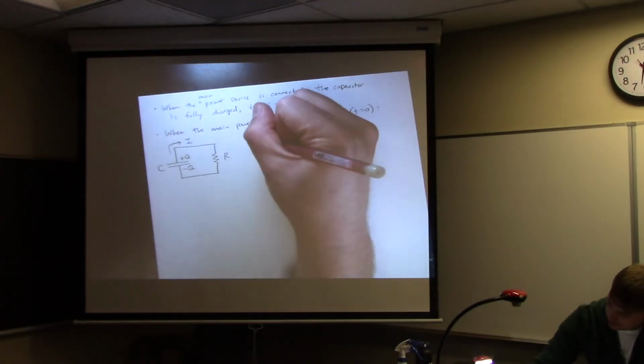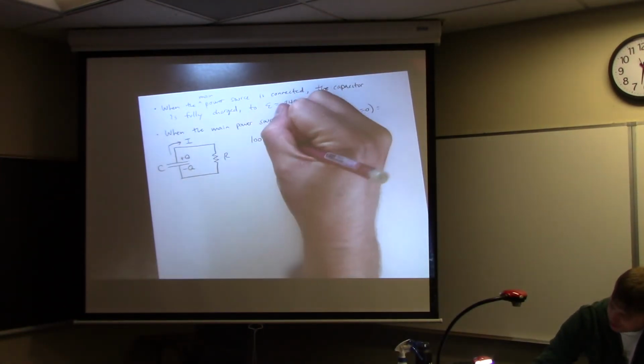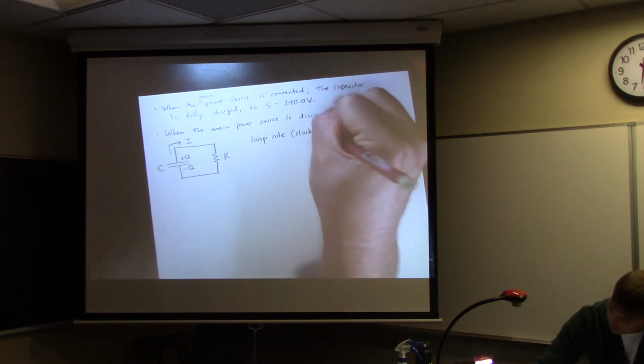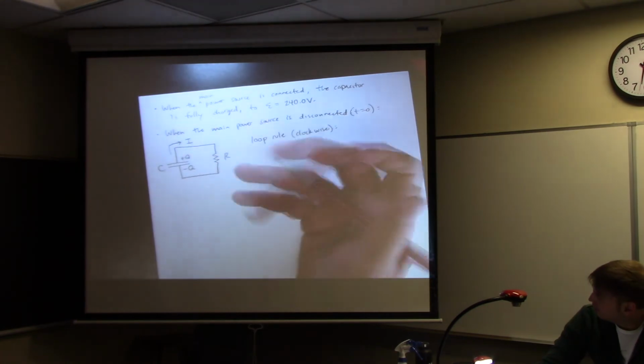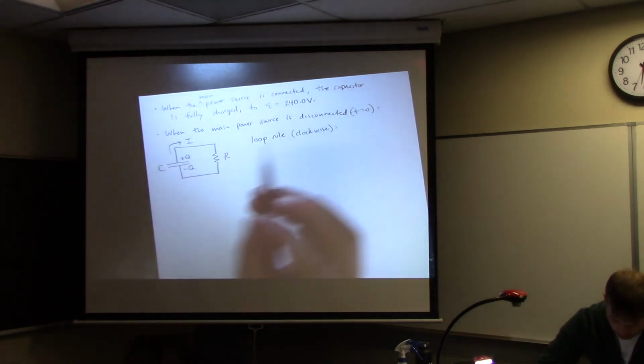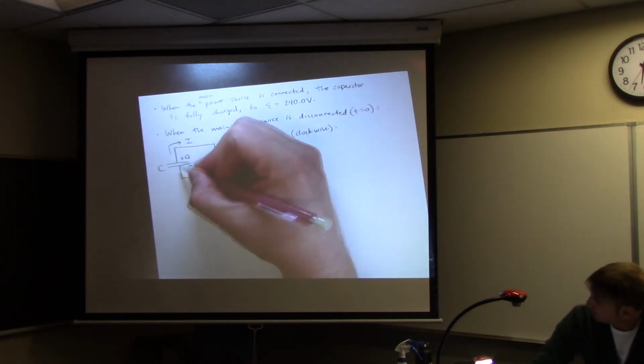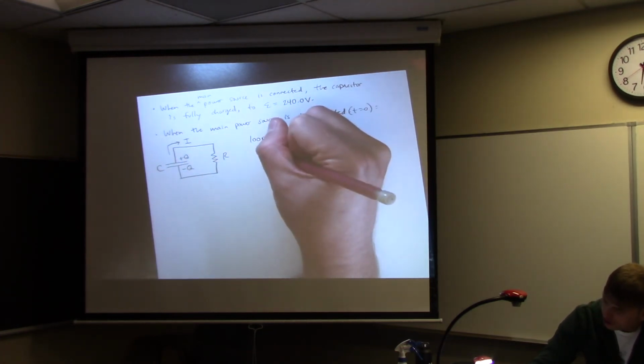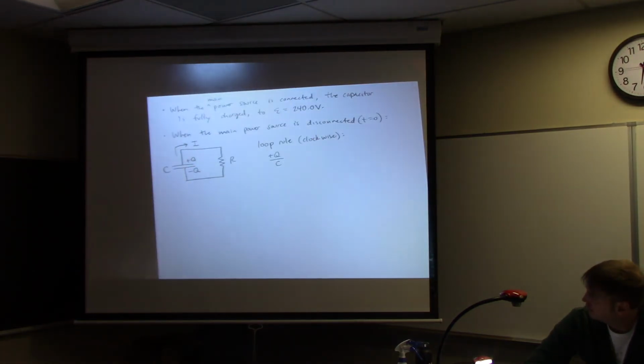And let's just write down the loop rule equation. Let's say we go clockwise when we take the loop. So this is pretty easy, just one single loop. If we go across the capacitor going clockwise, we're going to have a voltage increase because I'm going from negative to positive.